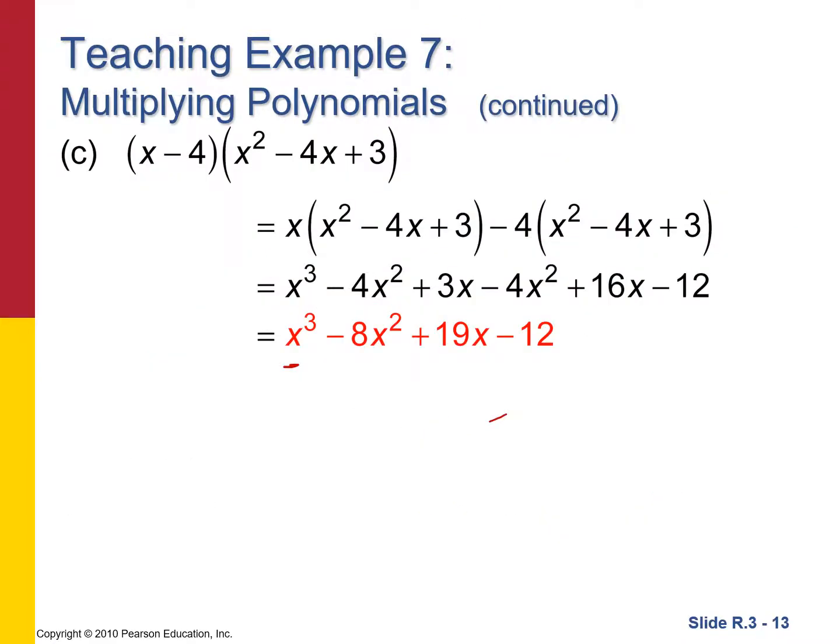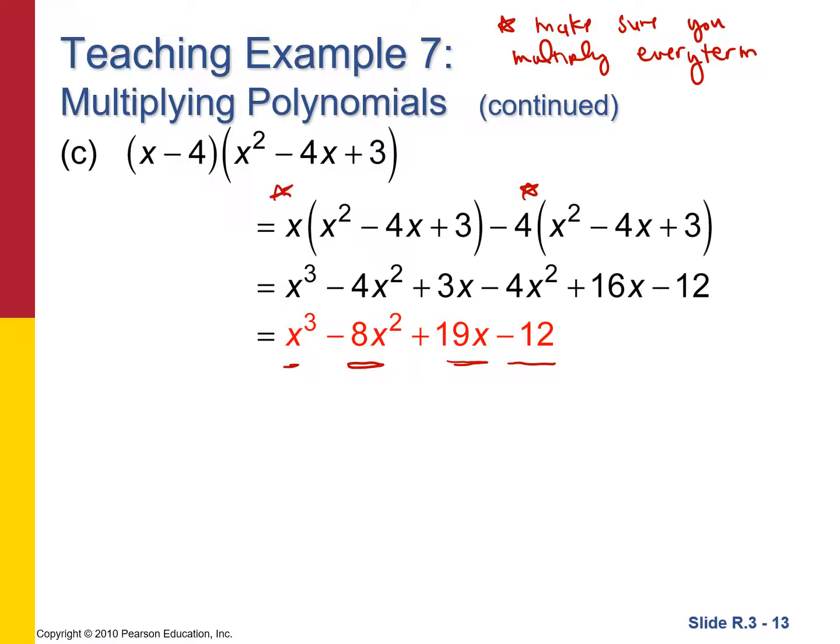So x cubed minus 8x squared plus 19x minus 12. And you can rewrite it out here, or you can do it the way that I did it. Either one is fine. The key thing is to make sure you multiply every term.